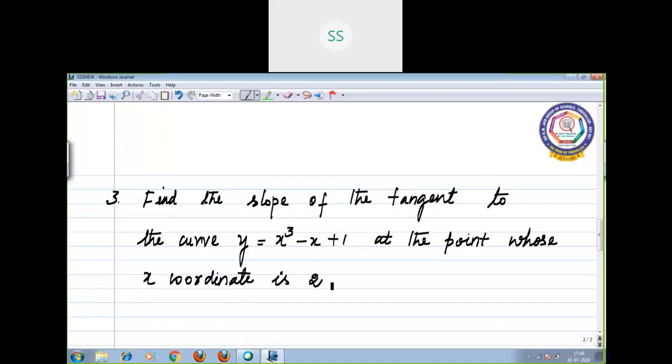See here, x coordinate is 2 is nothing but x is equal to 2. Sometimes they used to give abscissa is 2. That also means x is equal to 2. That is the meaning, right?